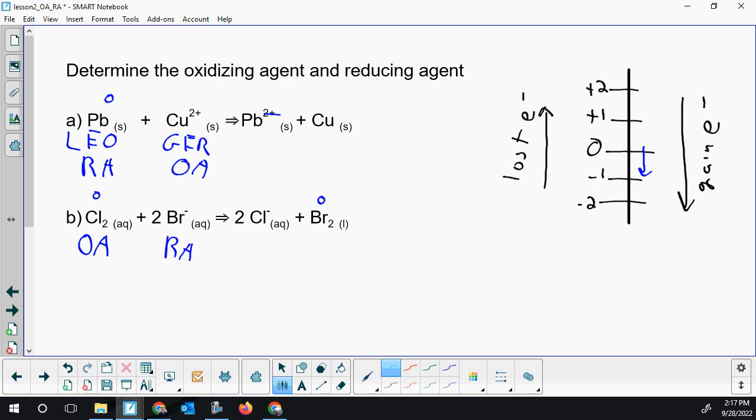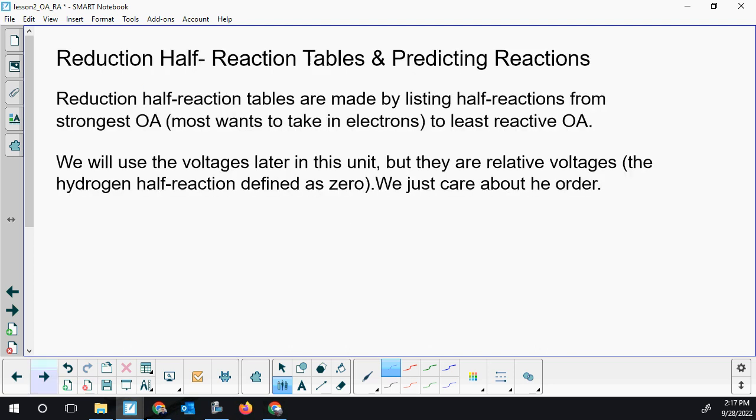So we need to be able to identify our OAs and RAs because of how we're going to use them to make predictions. Our tables are really built from OA, RA perspectives. So we're connecting to our reduction table now with our skills, our vocabulary that we still need to practice.